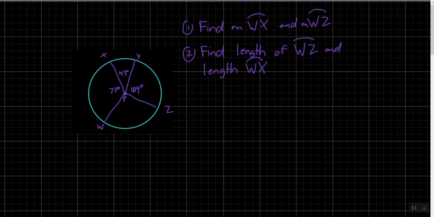These two things are not the same. This is degree measure. This is the length. These are two different things. WX is the 7 degree. The degree measure, yes, and then the length is something else. Wait, for the first one though, that's the answer.